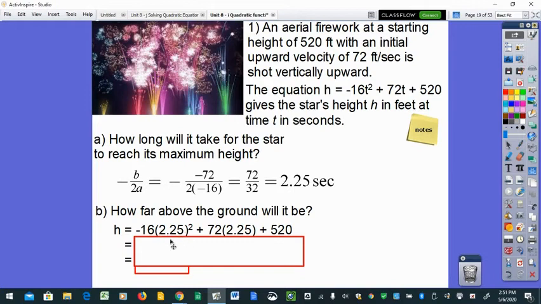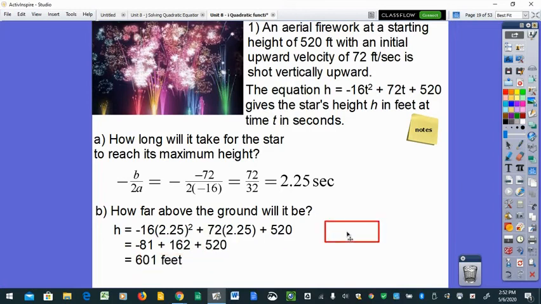The parentheses aren't necessary in the calculator because it's positive. So negative 16 times 2.25 squared plus 72 times 2.25 plus 520, and I will get the height. I add those all together, and it will be 601 feet in the air.